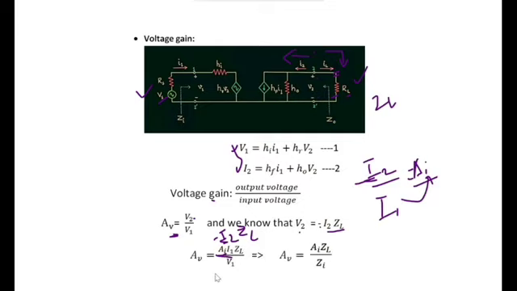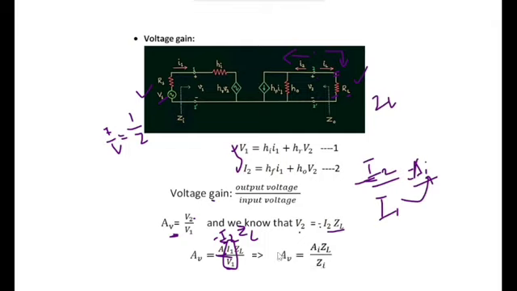Then the complete equation is AI into I1 by V1. We can replace I1 by V1, that is I by V, with 1 by Z, because in AC terms I by V is equal to 1 by Z. So AV is equal to AI into ZL by ZI.